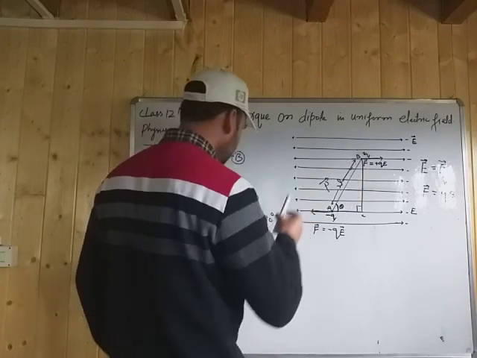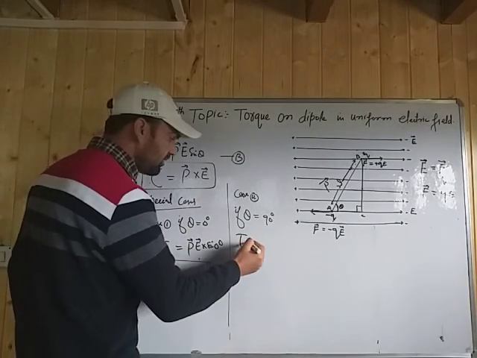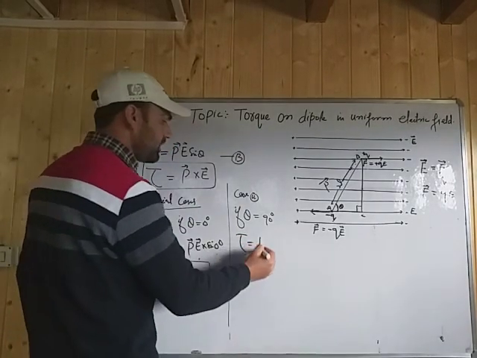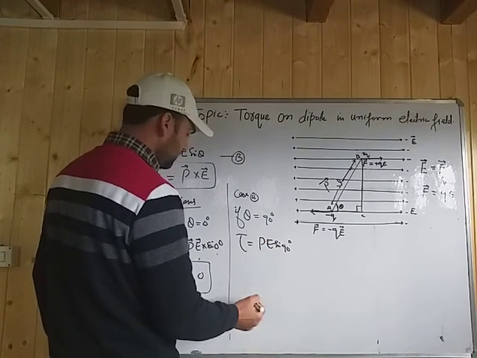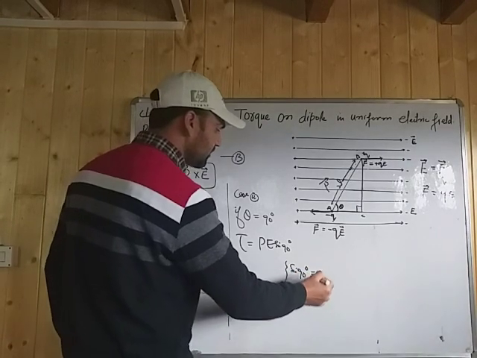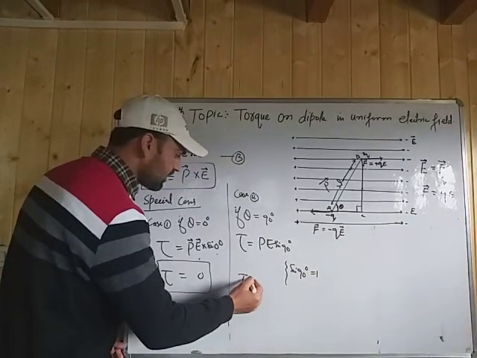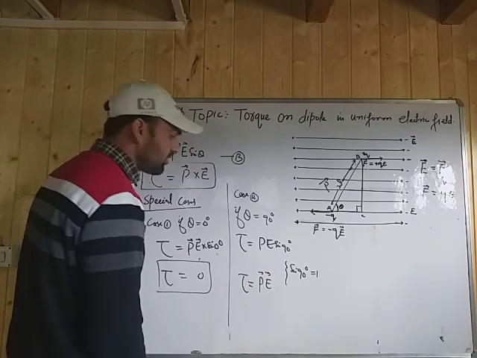So we'll see here what will be the torque. In this case torque will be equal to P E sine of 90 degree. Sine of 90 degree is 1, so torque is equal to P E.